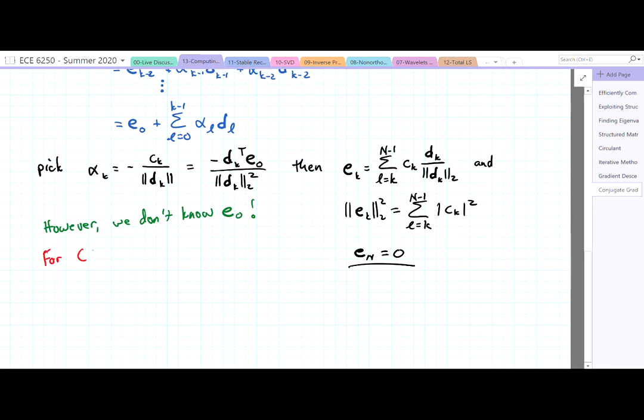For conjugate gradients, we use the inner product dj with di is equal to dj transpose H di.